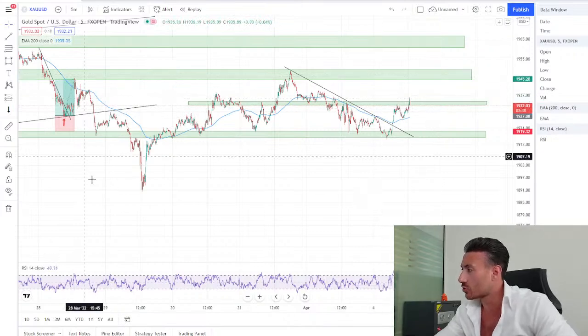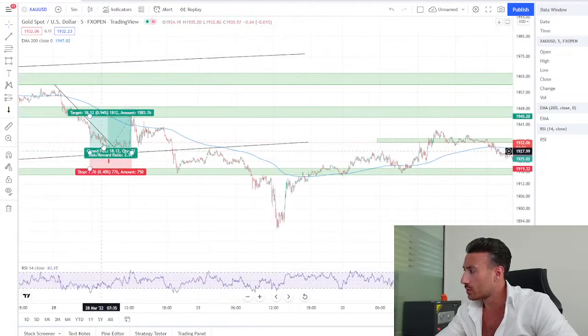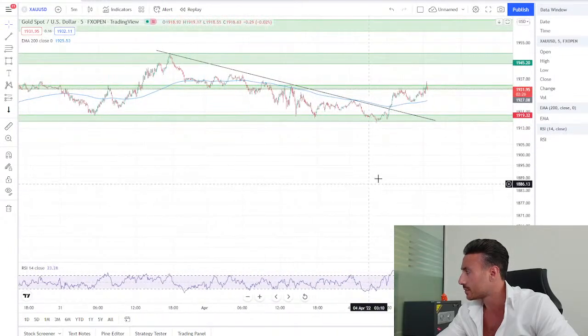That's why I have not drawn the usual risk-reward ratio, my targets. I have not drawn this one that I have drawn last week, because this one I'm scalping.